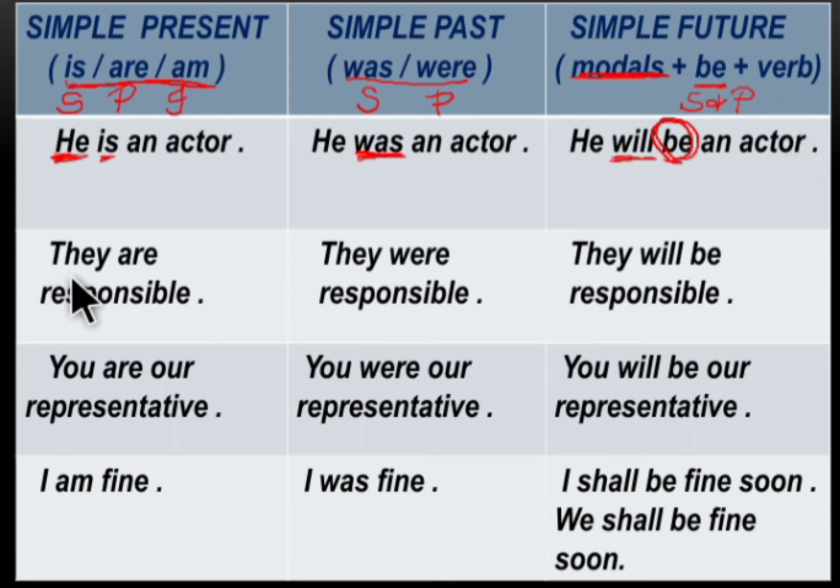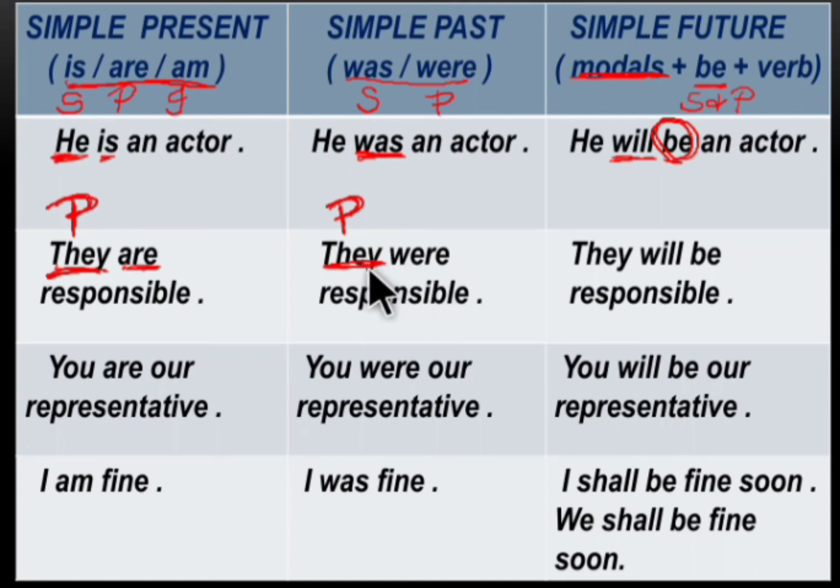The next sentence: they are responsible. Since the subject is they, it is plural. They is a plural subject. Here we use are: they are responsible. In the past tense, again this is a plural subject. When we use the be form of verbs, singular and plural matter in the past tense also.